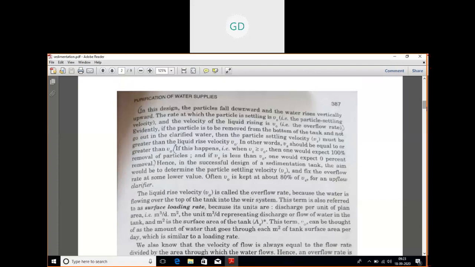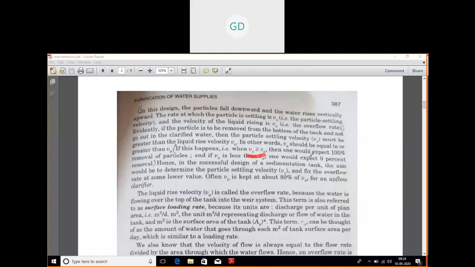The condition was Vs should be greater than or equal to the overflow velocity. If this condition arises, then you can expect 100% removal of the particles from the sedimentation or settling tank. But if it is vice versa, that if Vs is less than the overflow velocity, then you cannot expect any removal of particles from the settling tank.